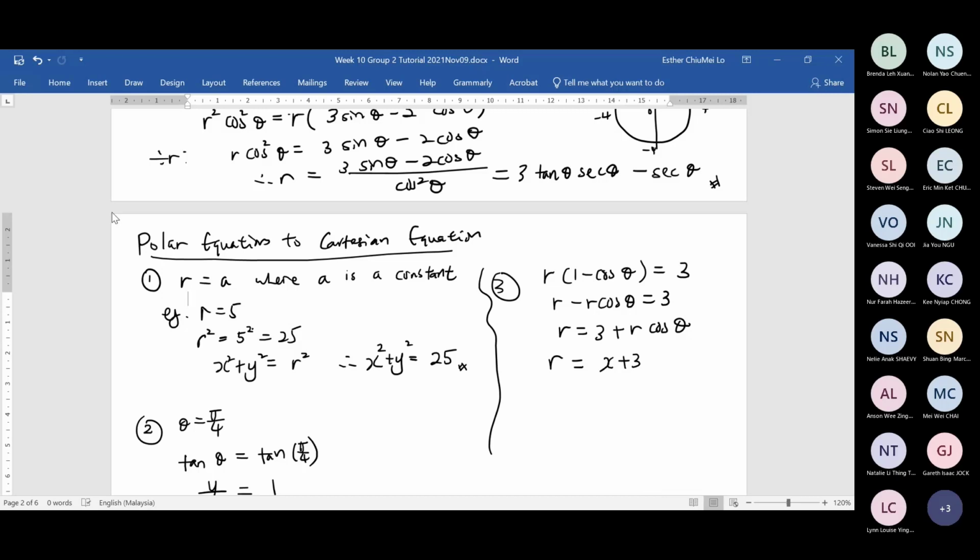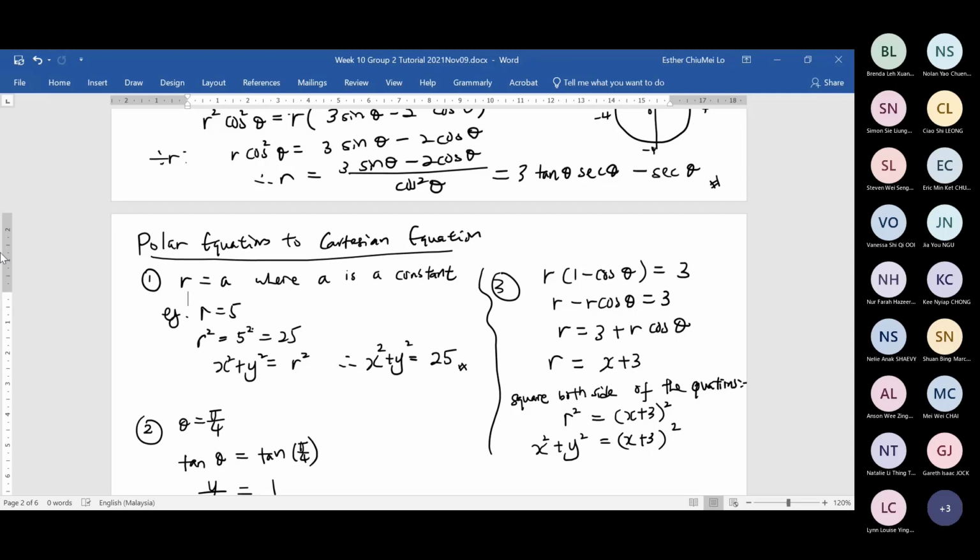But we do not want the r, correct? We want it to be in x and y only. So what we do is we square both sides of the equation. So we get r squared equals (x plus 3) squared, because we know that r squared is x squared plus y squared. Not yet finished, we try to simplify this.